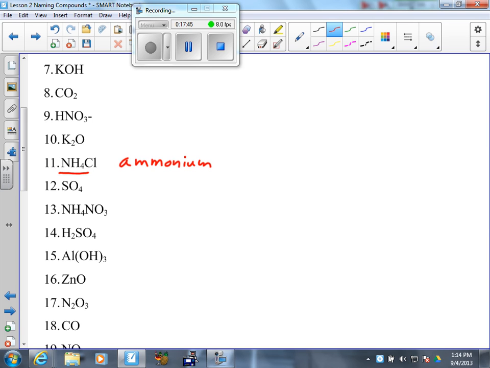It's one of the ions used in fertilizer to provide nitrogen to plants. So ammonium, and then this is chlorine, so it's ammonium chloride, just like any other ionic compound. Name it the same. You get another chance at it down here in number 13. Does that make sense?